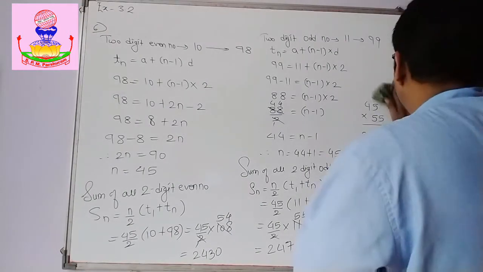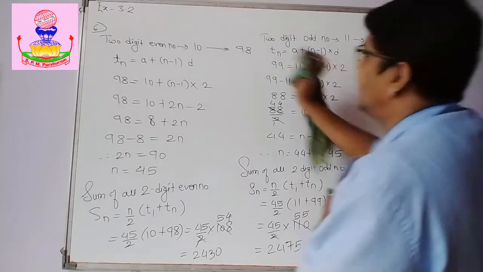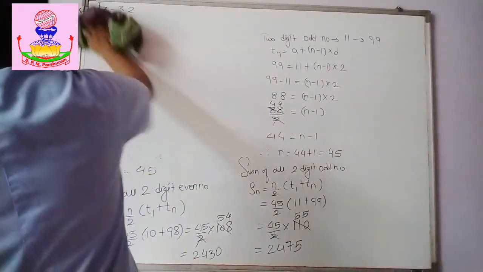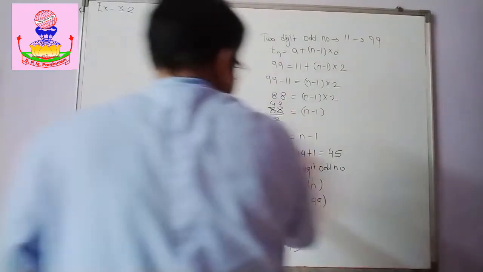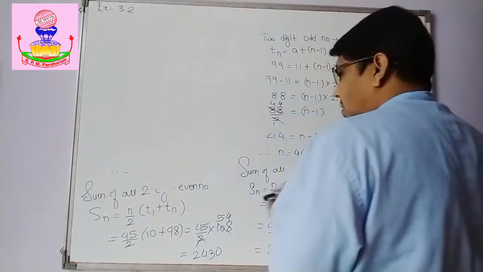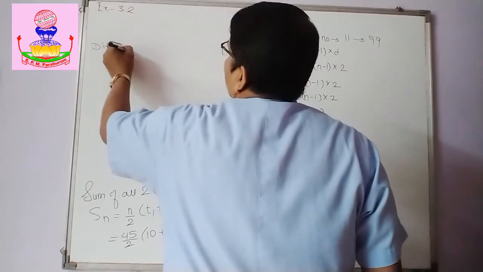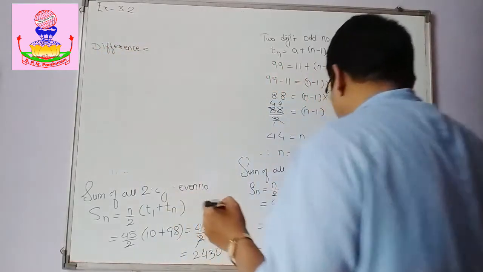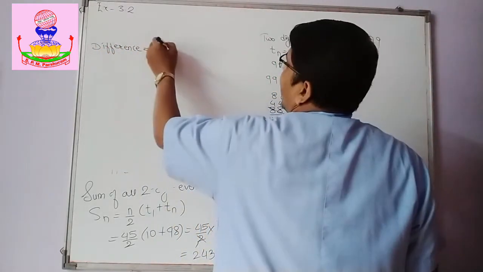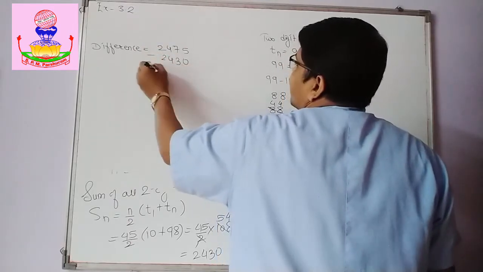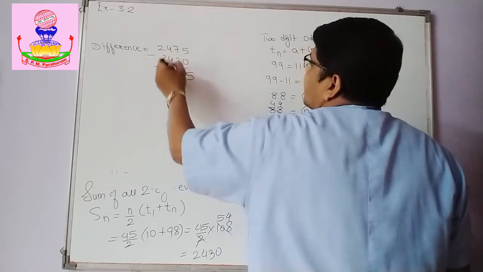Now we are supposed to find the difference. So let us find the difference. Okay, so I am rubbing this. Here I am writing the difference. What is the difference? So the difference is equal to 2475 minus 2430.